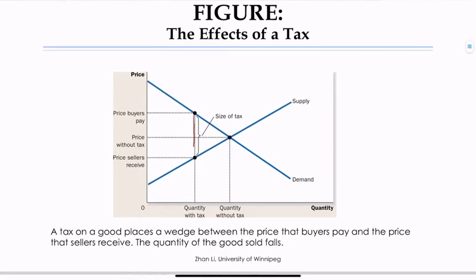So this is the wedge we're talking about between the buyers and sellers. And importantly, you can see that the quantity with tax will be smaller. If you recall what we just learned in chapter 7, you would see that market efficiency should be smaller, right?